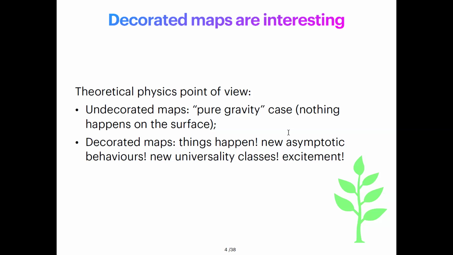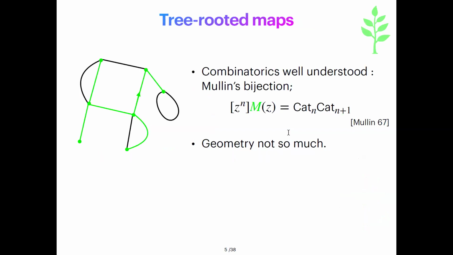And the goal of the work here was to find such a new behavior and to study it and understand what can happen that we don't already know of in the realm of maps. The tree-rooted maps are the kind of decorated maps we are focusing on today because it's a very well-known model.